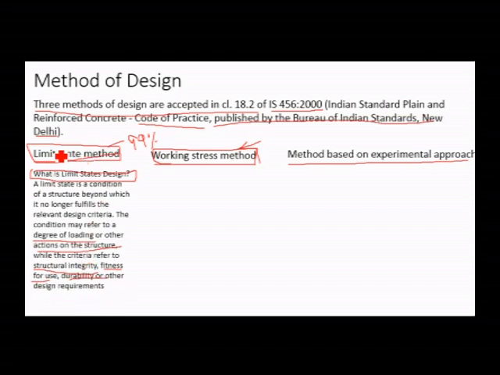So the limit state method is one which will tell us before the collapse of a particular structure, and the design will be economical, and the factor of safety will be highly considered here. So this particular method is mostly used in various parts of the world.